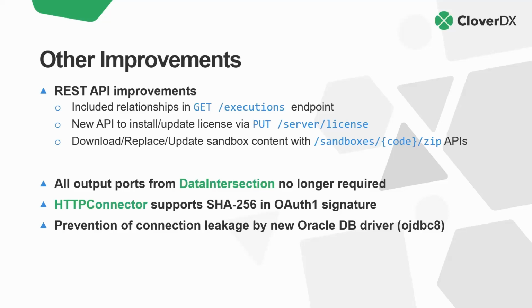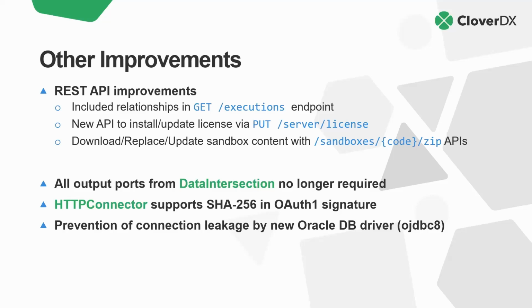The HTTP connector now supports SHA256 for OAuth1 signature. This is quite important for anyone who uses NetSuite, because they deprecated SHA1 signatures, and with new versions of NetSuite, you would not be able to connect to their APIs.